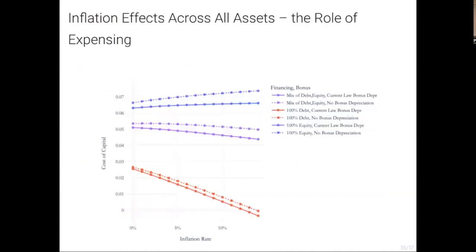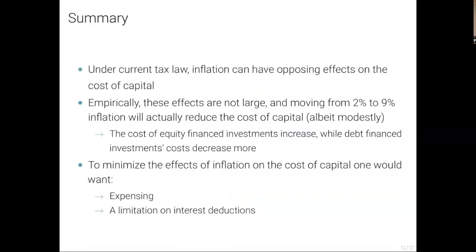So to go back to the previous picture, if we're looking at that mix of debt and equity financing, focusing on the purple lines, and we look at that solid line, which is representing the cost of capital under current law with bonus depreciation, the cost of capital is declining when we move from 2% to 9% inflation. But the extent to which it declines is not that great. We're talking about just a couple tenths of a percent. Of course, equity finance investments costs are going to increase while debt finance investments costs are going to decrease.